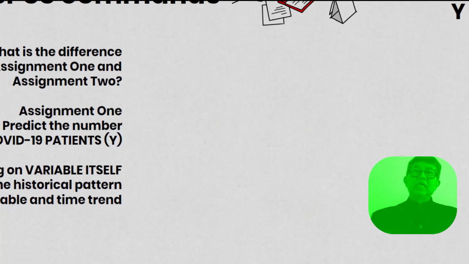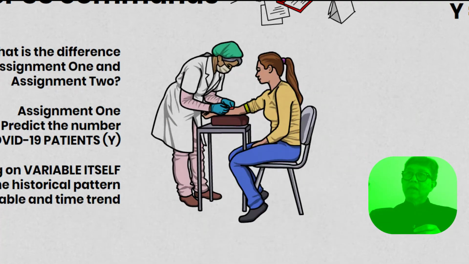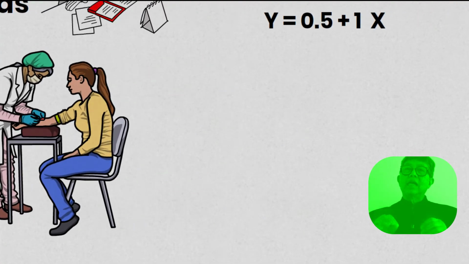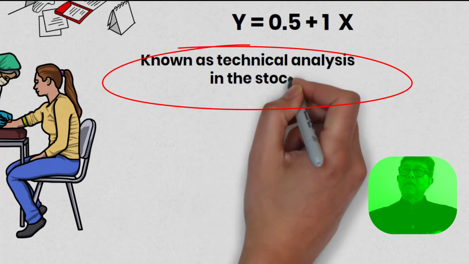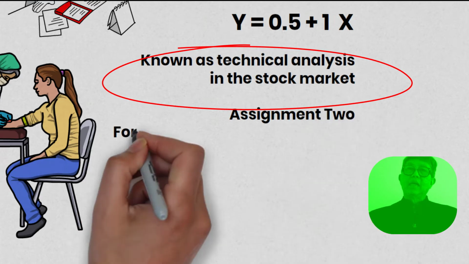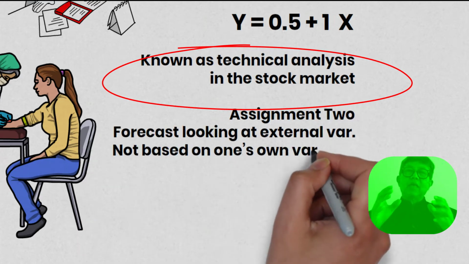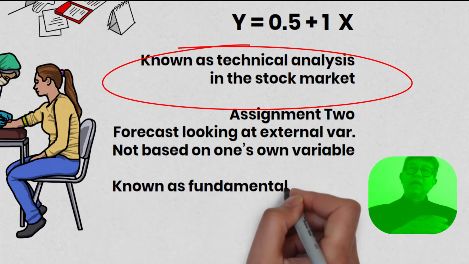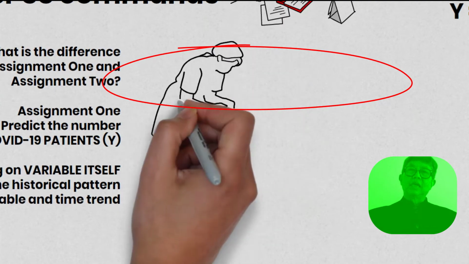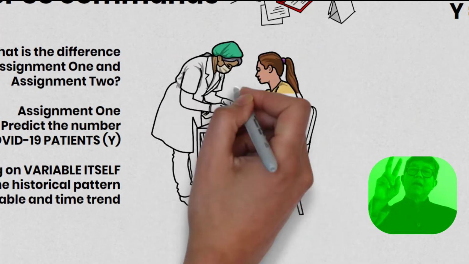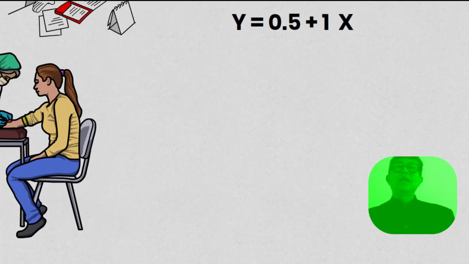This analysis is known in the stock market, if you forecast the stock market, as technical analysis. The concept is the same. You can apply it to any area. So in assignment 1, you forecast a variable depending on itself. Technical analysis. While in assignment 2, you look at more fundamental analysis.